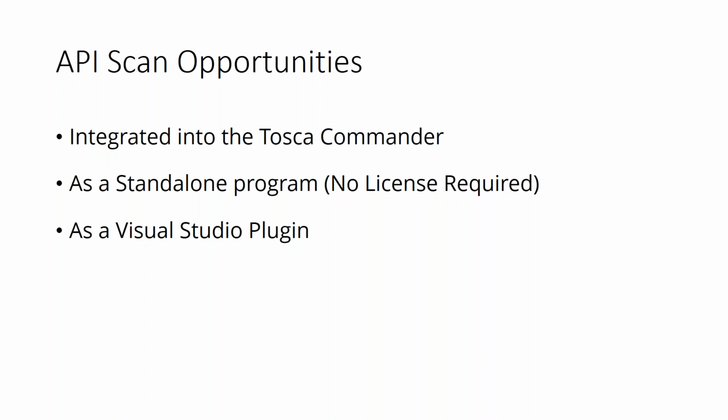A standalone program is another option. No license required, but where it is and how to get it will be shown here in this MOOC. The Visual Studio plugin we will not show, but it is available. That would be a question for our support or engineers to answer more in-depth.